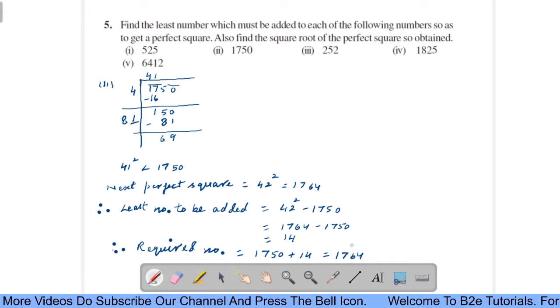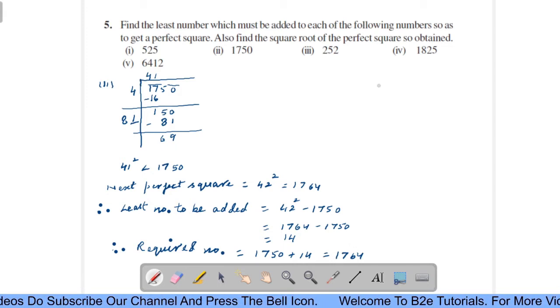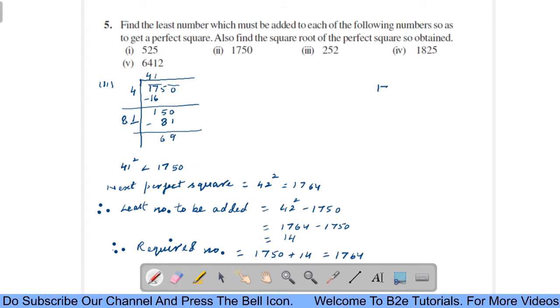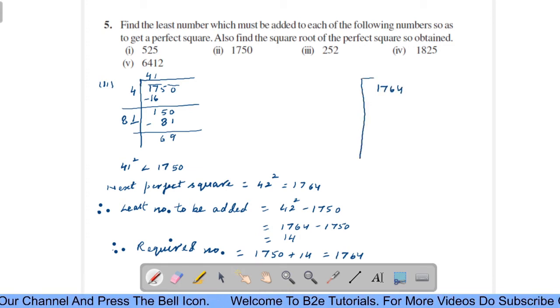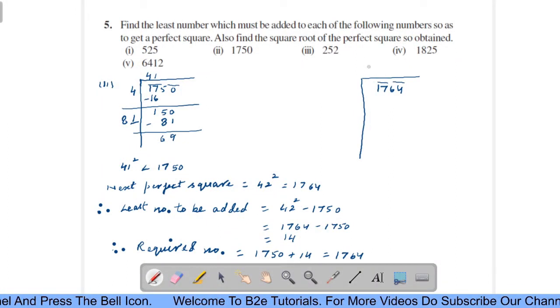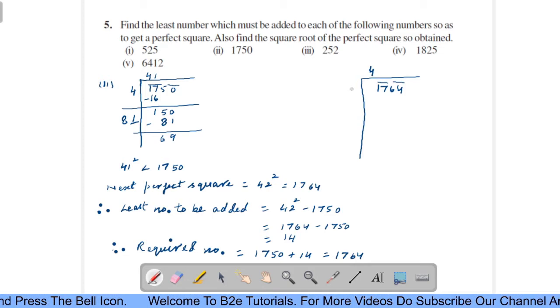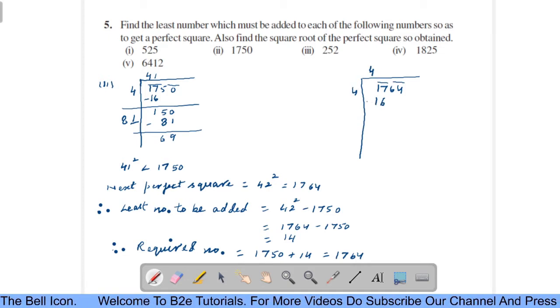Now let us find out the square root of this number, 1764. Make pairs from right hand side. How many times will it go? 4 times. Here 4 fours are 16.